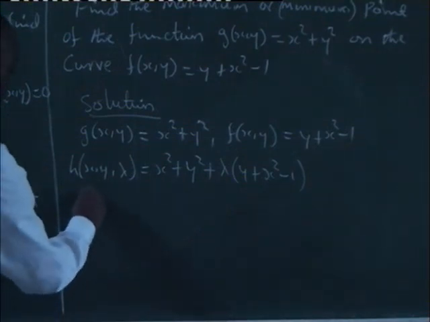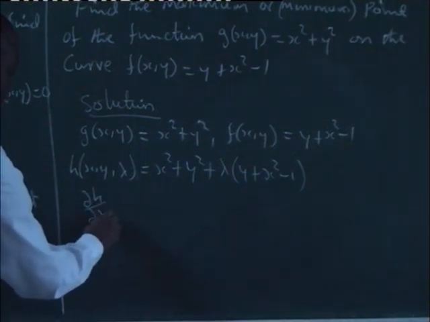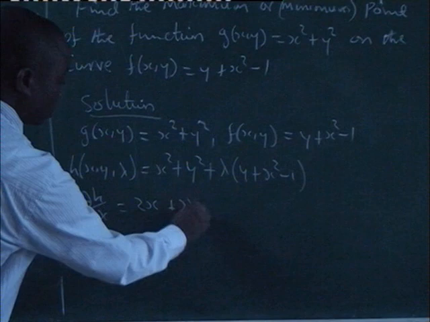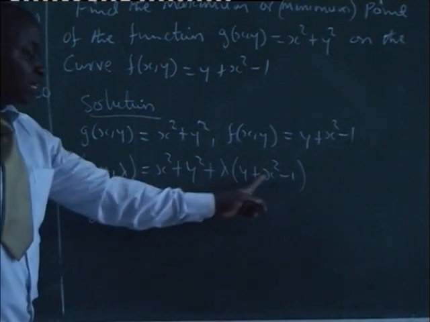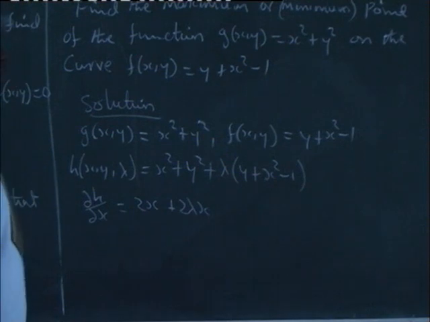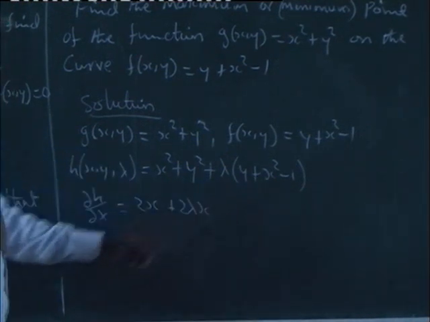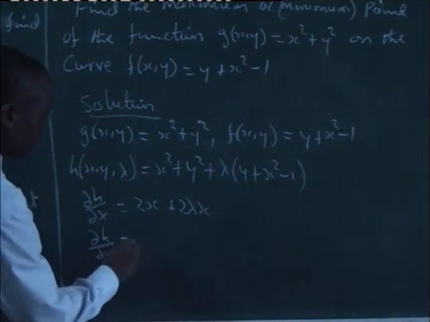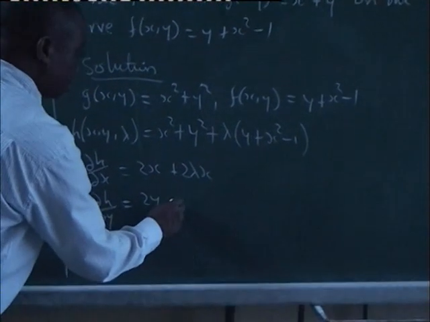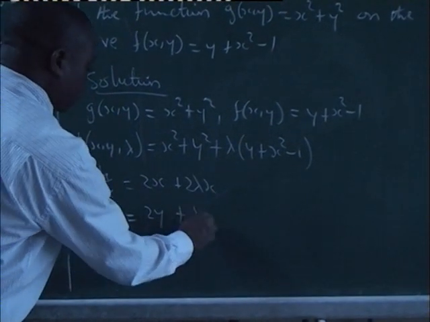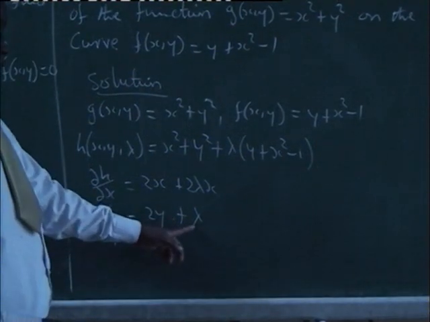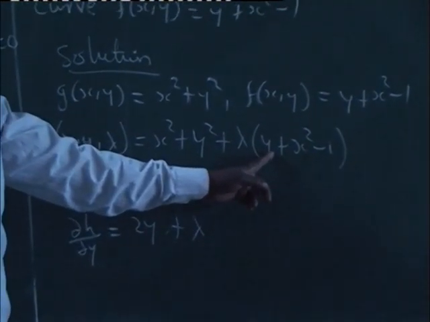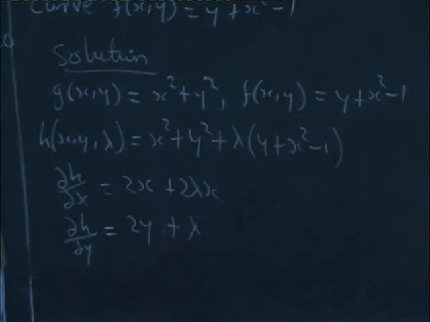Now, partial h, partial x is 2x plus 2 lambda x. If I use lambda to multiply x squared, I will have lambda x squared, so when I differentiate it, I have 2 lambda x. I also have that partial h, partial y will be equal to 2y plus lambda, because if you have y, differentiating gives lambda.